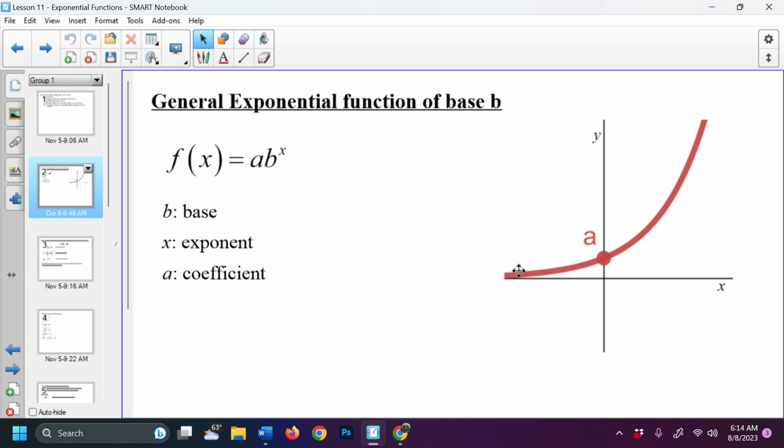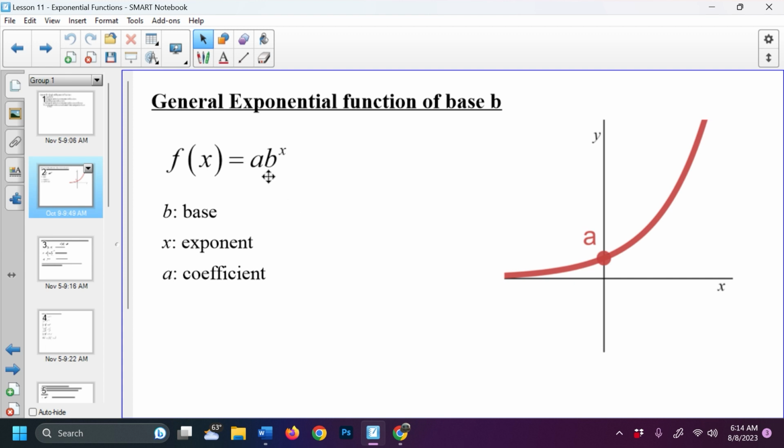The general shape of the graph of any exponential function where a and b are both positive is going to look something like this, where it goes through your y-axis at a. That's fairly straightforward because any value that crosses the y-axis has an x value of 0, and if I plug 0 in, I get b to the 0, which is 1. 1 times a is always going to be a, and a is the y-intercept, and b is going to affect the shape of the graph.